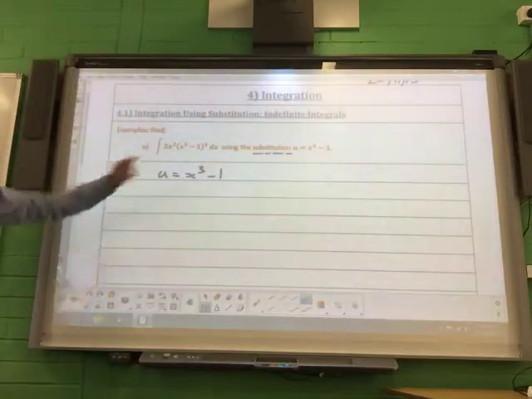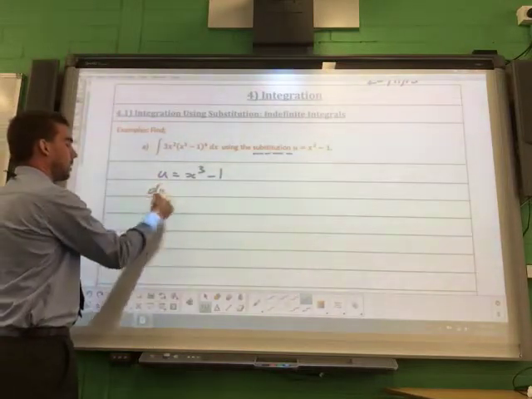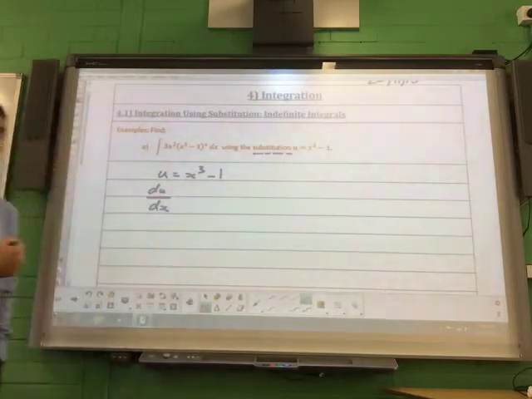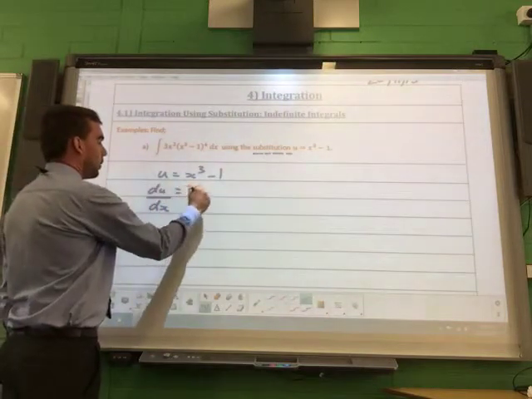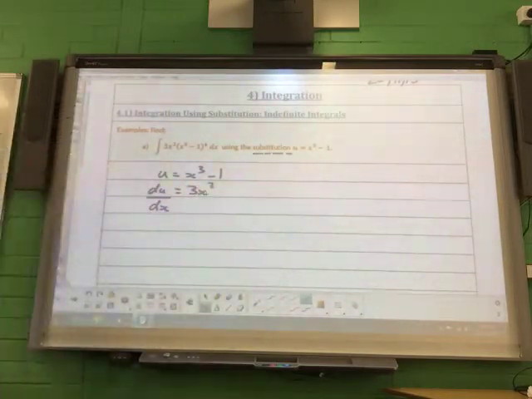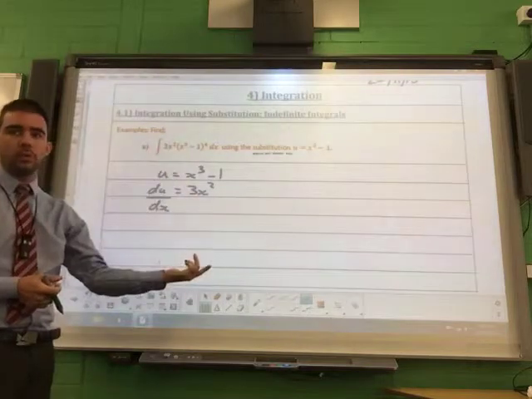So what we're going to do is differentiate u with respect to x. So yes, we are differentiating, and we get 3x squared. What I'm going to do is replace bits and pieces of this with what I'm working through now.